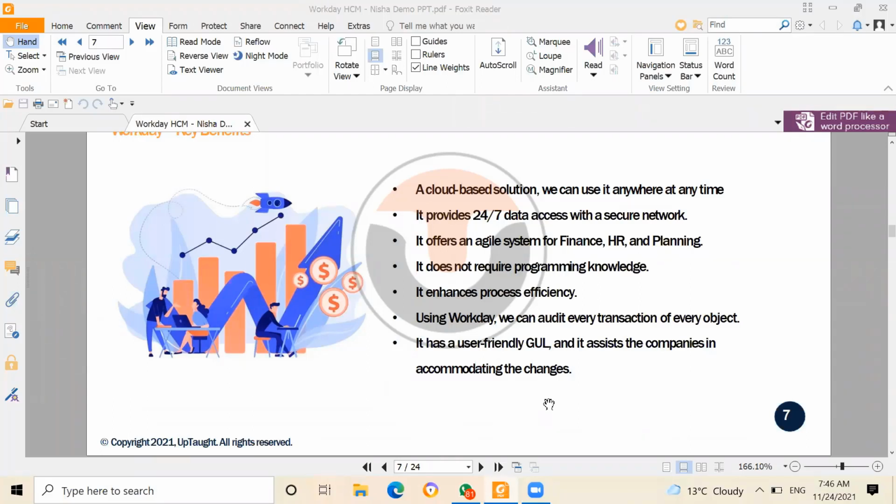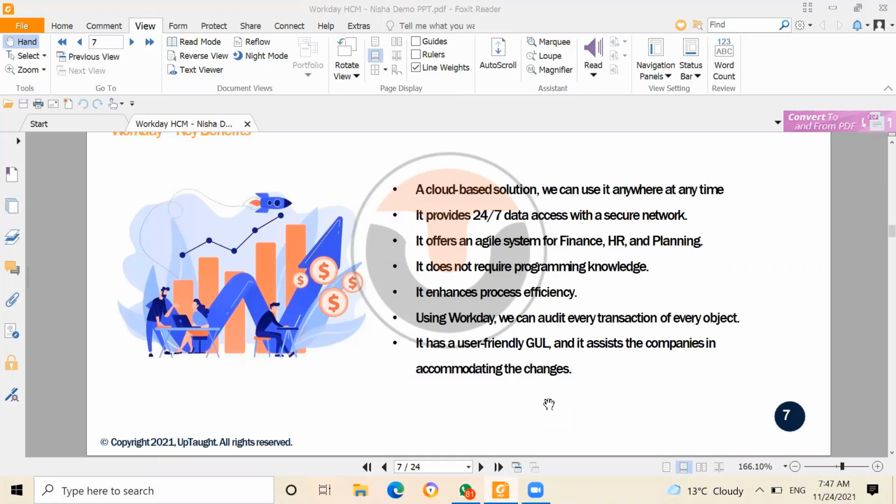And if the company has any kind of changes, we can upgrade the changes. A support consultant is always there in a company. After one implementation of Workday, the support consultant is always there to support the changes and provide training to the new hires. After the implementation, the consultant's job is to train employees and users on how to use the system, because it's a big system.